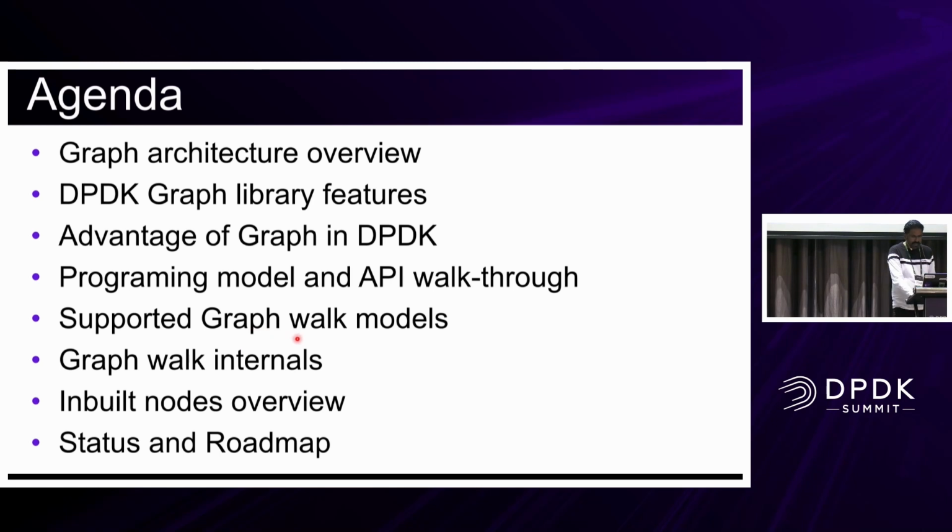We support different graph models, which I will explain later, and the graph library internals, how that works. We also have some inbuilt nodes in DPDK, so I'll give an overview of that, and the status and the roadmap, what has been planned.